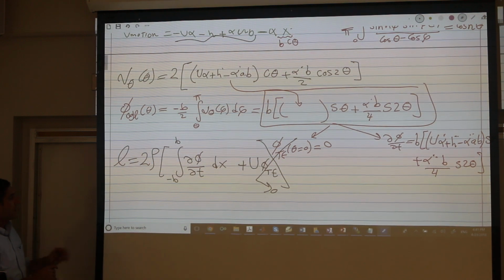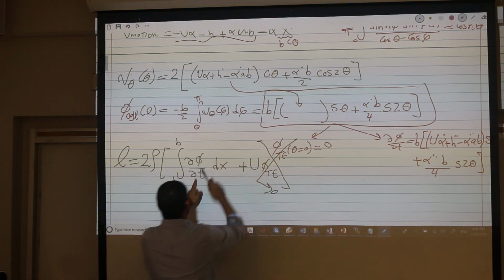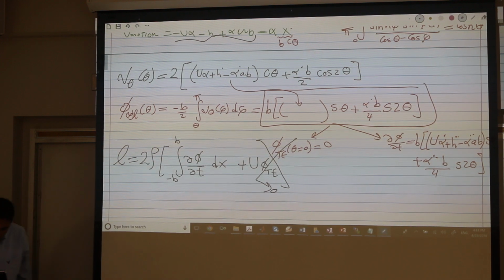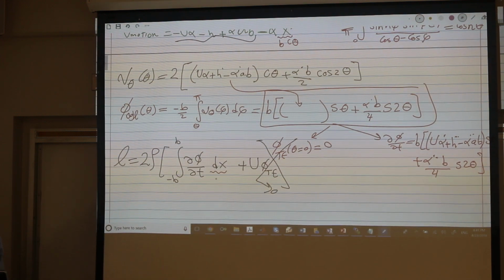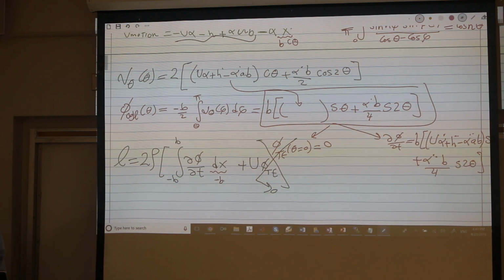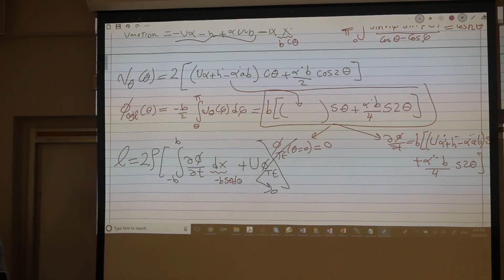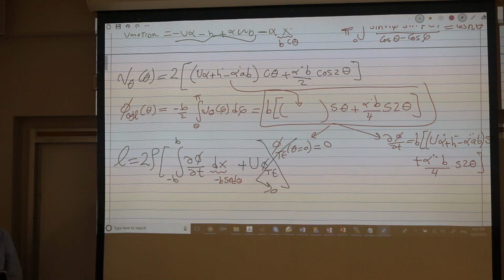Okay? I have this guy, let's just substitute it. And I have this guy as a function of theta, so just turn this into theta. This is negative b sine theta d theta. And here is your lift.